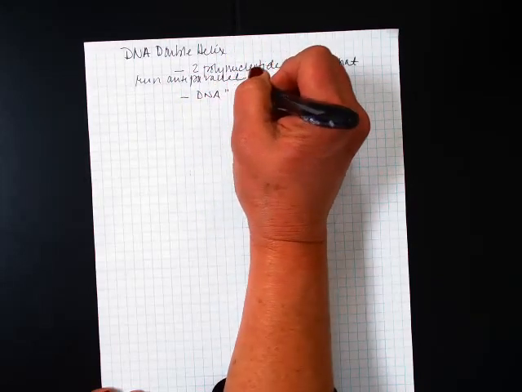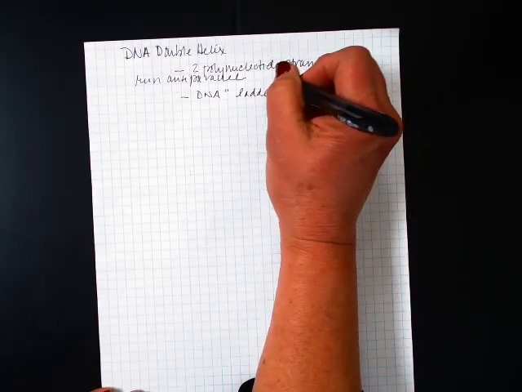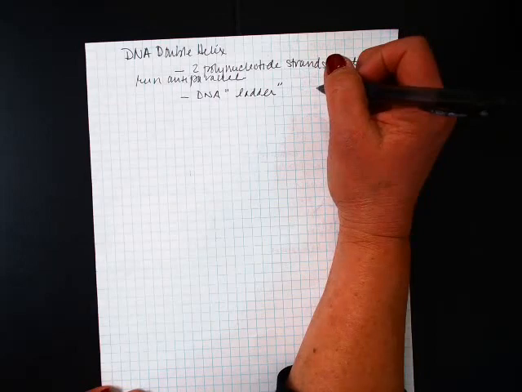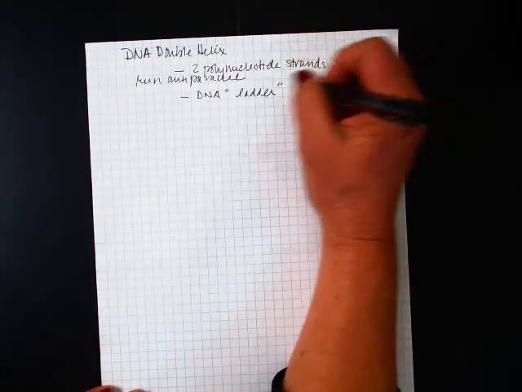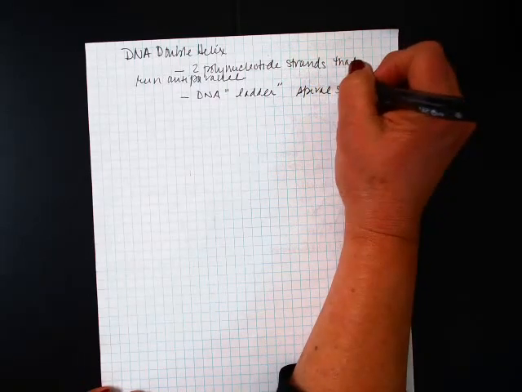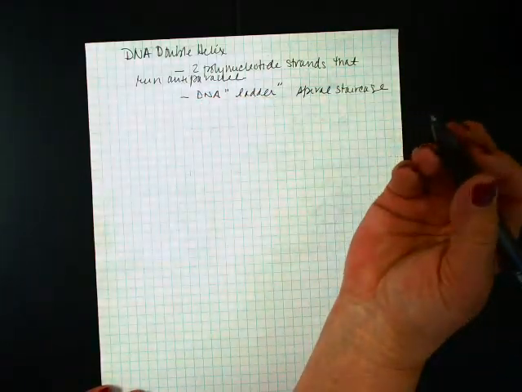So think of this as if you climbed a helix or a spiral staircase. You would hold the outer railing of the sugar phosphate backbone with your right hand.